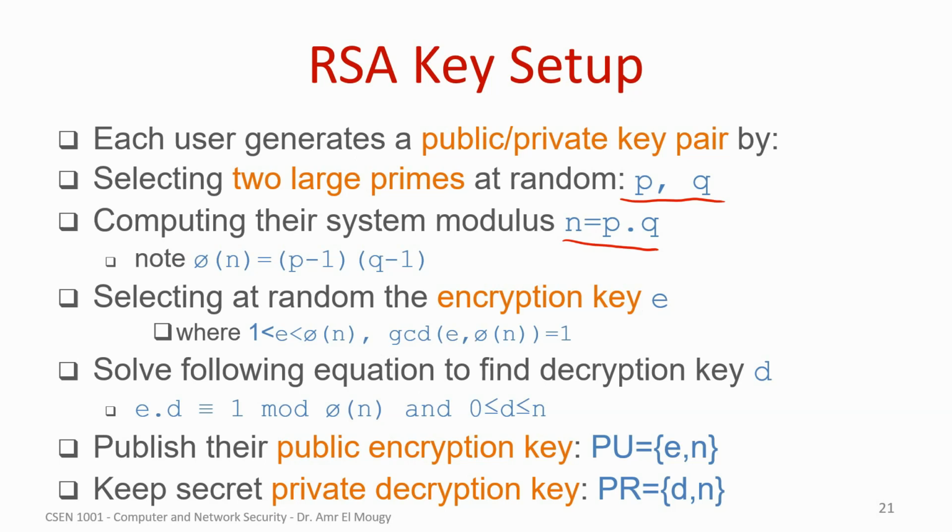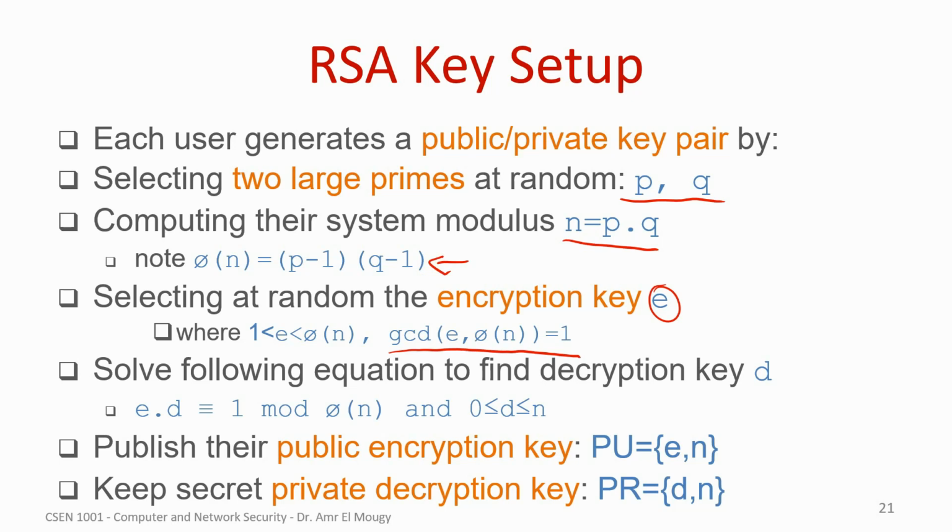Once you agree on P and Q and calculate n, you will be able to select the public key. The public key, or encryption key E, is chosen such that the greatest common divisor of E and phi of n is equal to 1. Every user in the system will choose their own E, given that they already know n, since they have all agreed on P and Q, and therefore calculated n, and therefore calculated the Euler totient of n, which is phi of n.